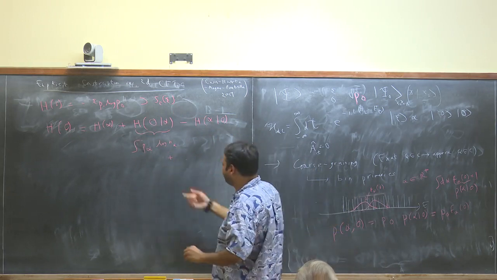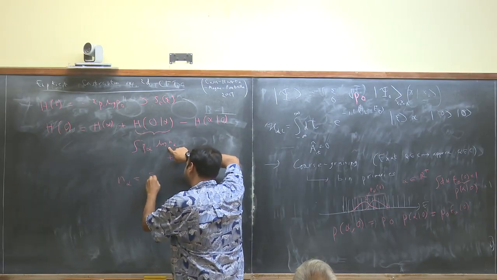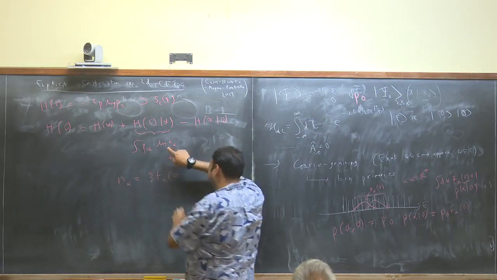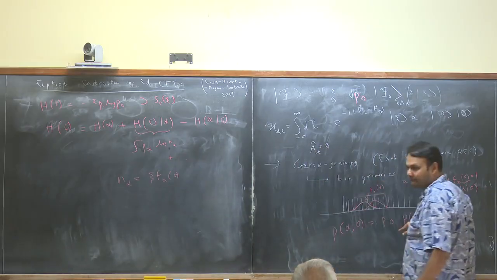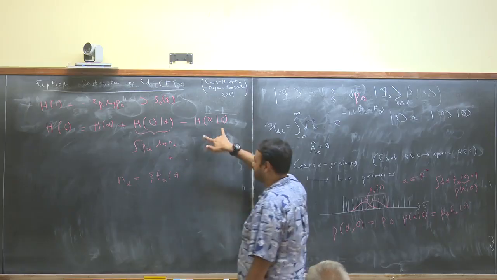So the point is n alpha is going to be the sum over O of f alpha of O. It is the effective number of states inside the bin. There are two correction terms here.